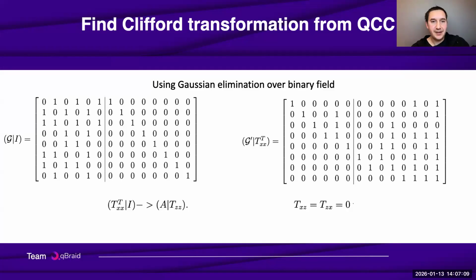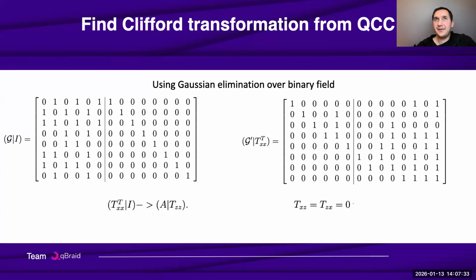If you perform this Gaussian elimination over binary fields, after that, you get on the right, you see that now 3 qubits have no indices. Those are ones that can be tapered. They do not contribute to the Hamiltonian at all after this transformation.